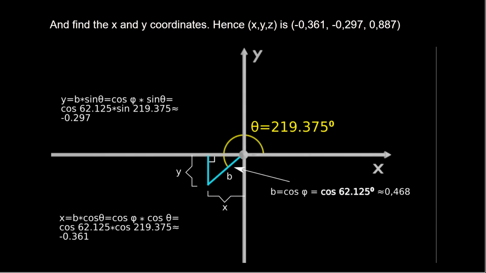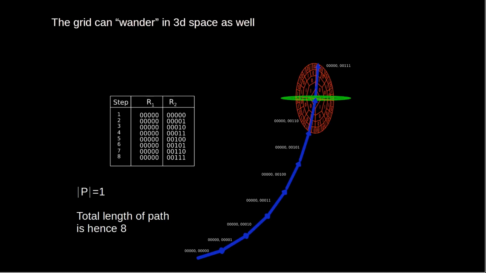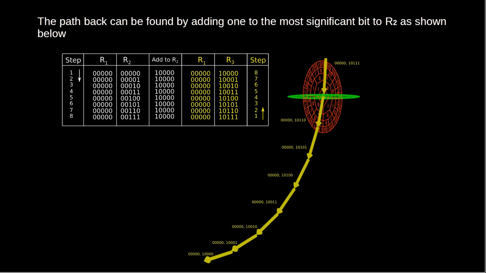Hence x, y, z is minus 0.361, minus 0.297, 0.887. The grid can wander in 3D space as well. The path back can be found by adding 1 to the most significant bit to R2 as shown below.